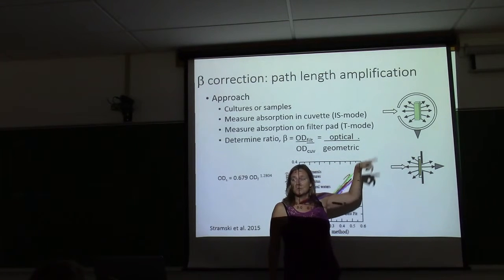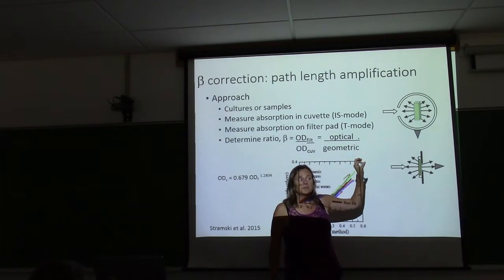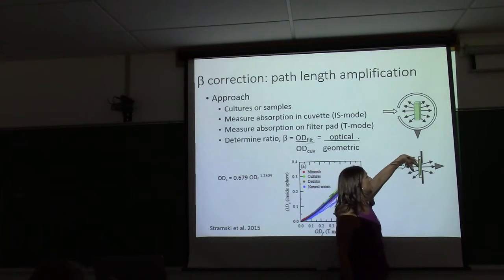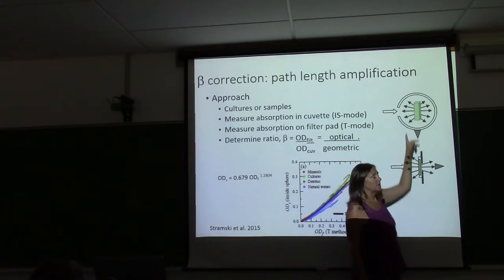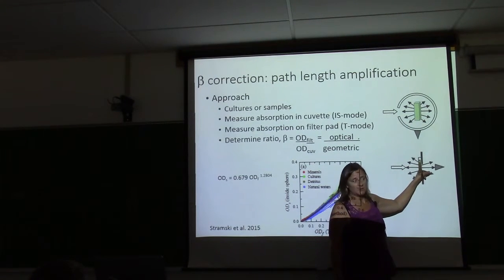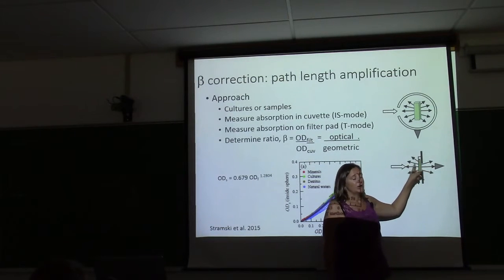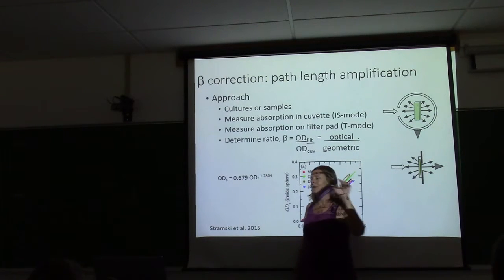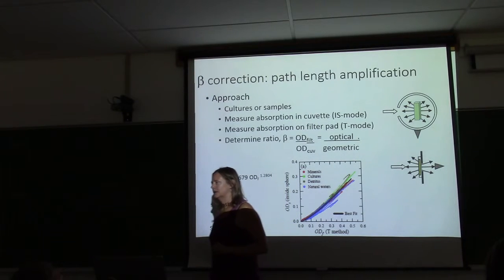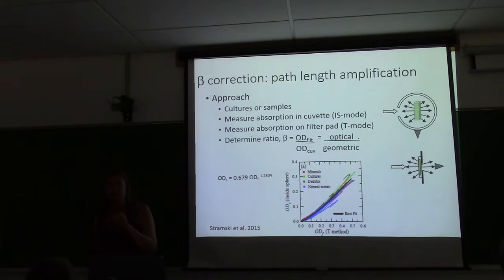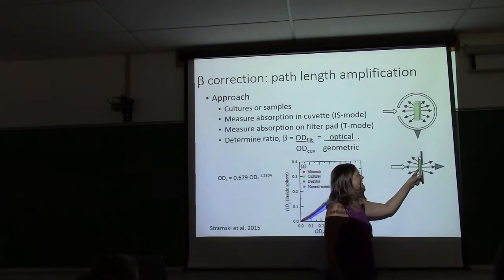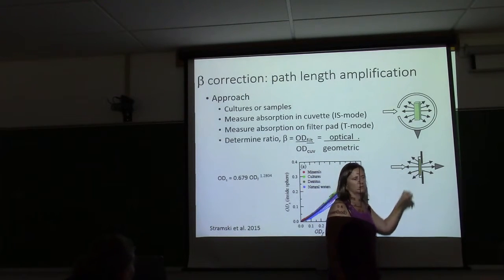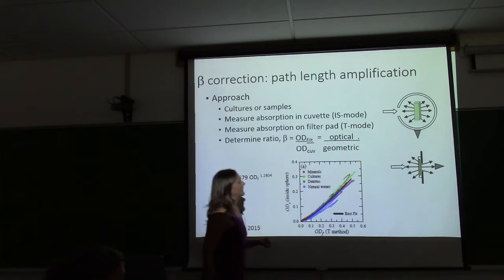But if you knew the sample was the same, you knew the answer should be the same. So you could look at the ratio between truth and your filter pad. And the ratio would tell you the difference in the optical path length of the photons caused by scattering by the filter. That is essentially the approach of trying to figure out what path length amplification is. Amplification of the path length due to scattering by the filter going through these particles.